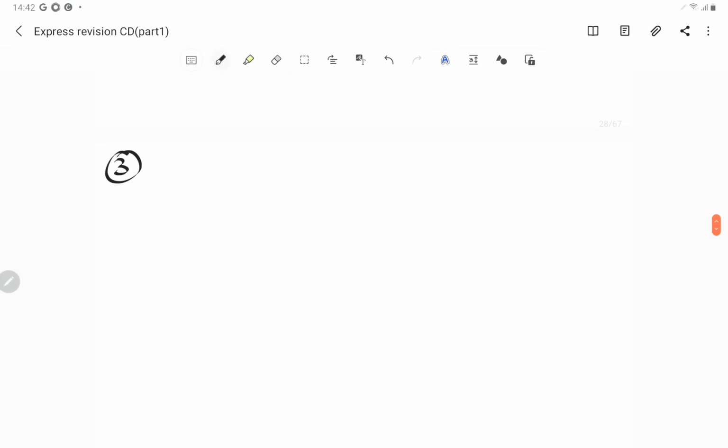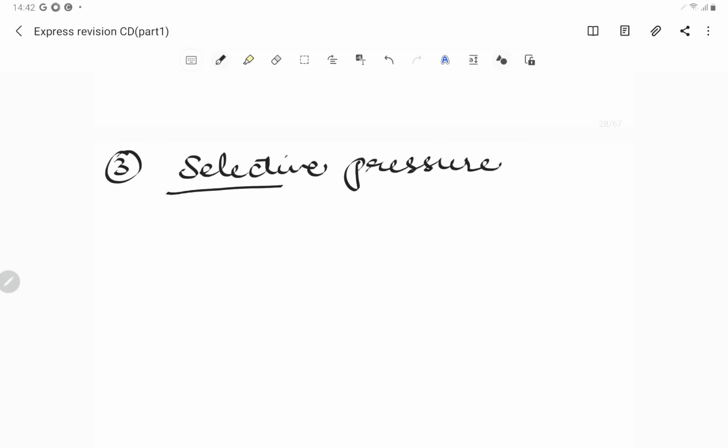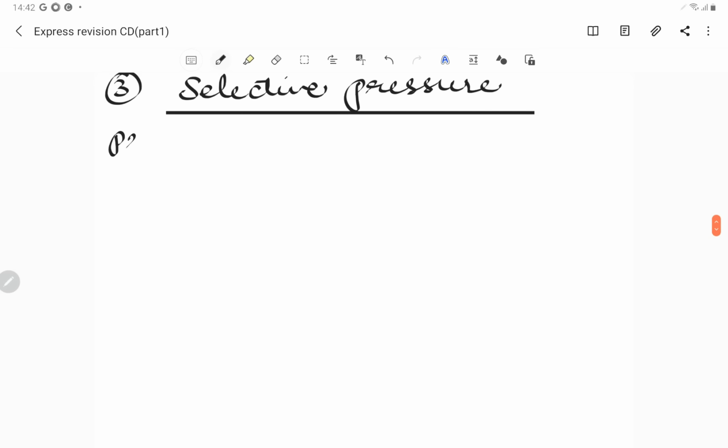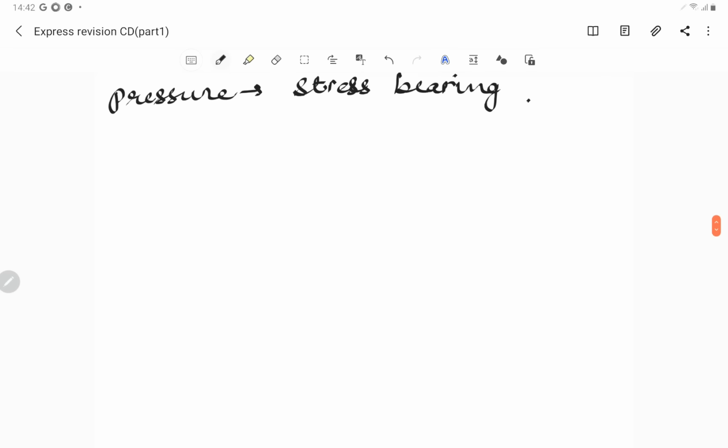So coming to the third one, we have the selective pressure technique. In the selective pressure theory, pressure is applied in selective areas, as the name suggests, applying pressure selectively. So pressure in the stress bearing area, and non-pressure, or we are giving relief, in the relief areas or non-stress bearing areas.